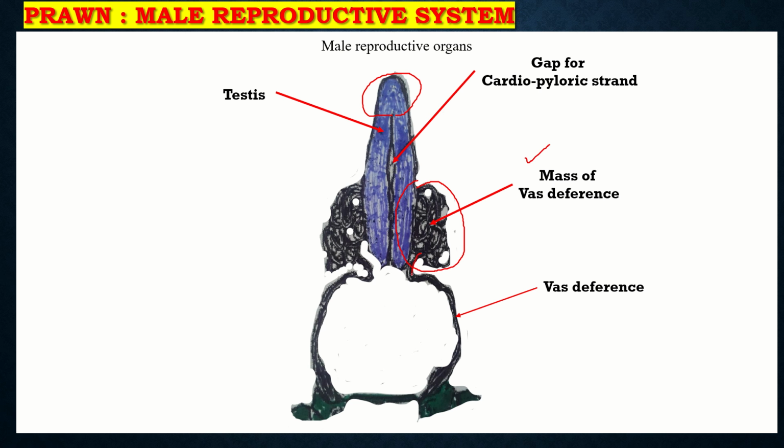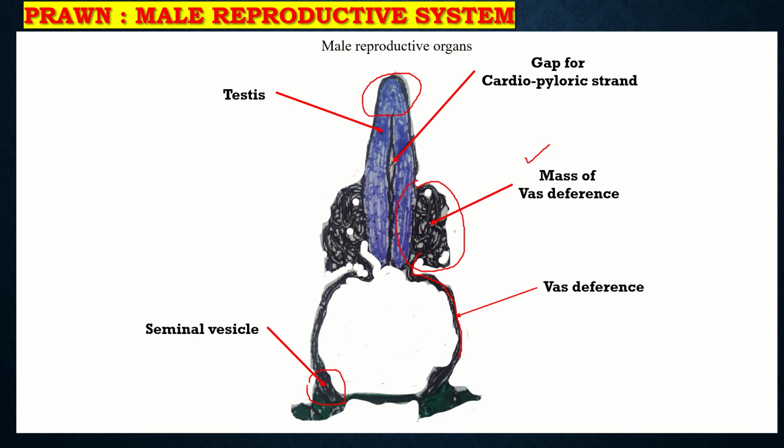Again, when this vas deferens tube goes towards the posterior side, it becomes straight and then opens into a particular chamber called the seminal vesicle, or vesicula seminalis. Each vas deferens, reaching ventrally near the base of the fifth walking legs, swells to form a club-shaped seminal vesicle.